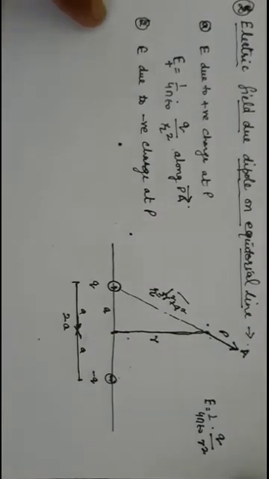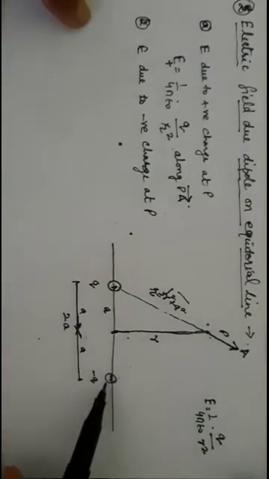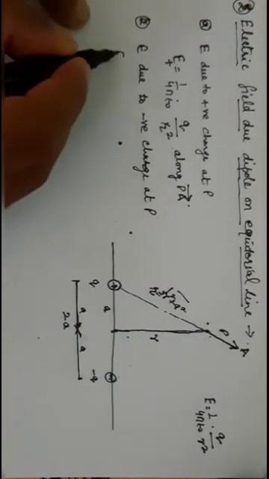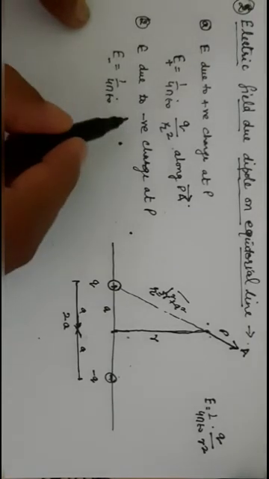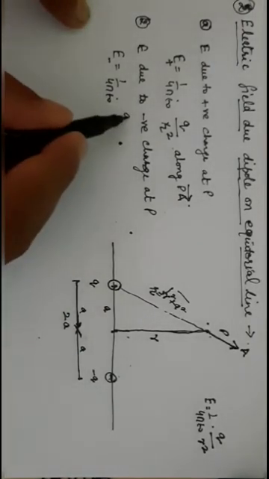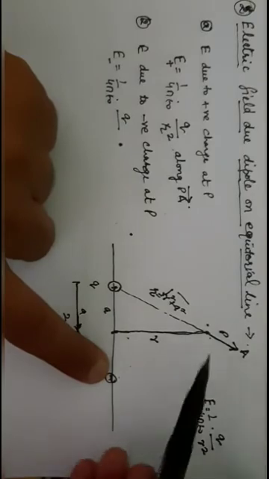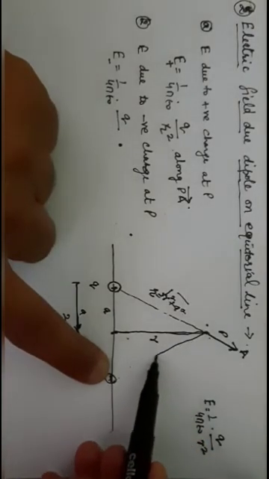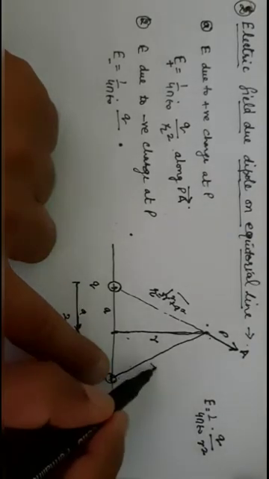Now the electric field due to the negative charge at point P. We know the formula: the electric field due to a negative charge is 1 upon 4 pi epsilon naught, magnitude of charge Q, divided by the square of distance. So what is the distance of this negative charge from this point? The distance is the direct line joining these two points.